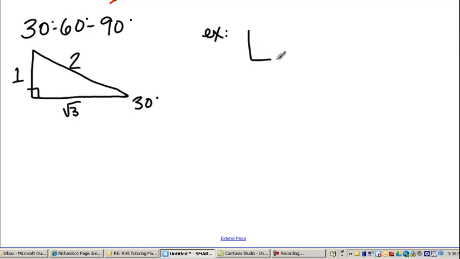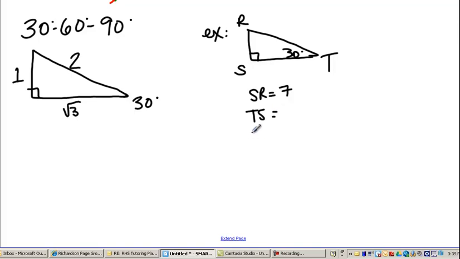Let's make this triangle S, R, and T. So this is my 30 degrees. Okay? Okay, if SR had a length of 7, could we figure out what TS was and RT was?